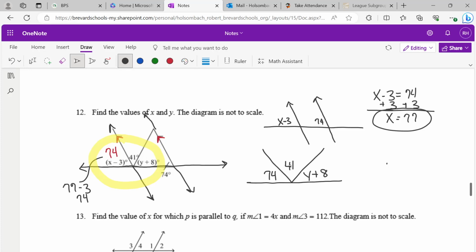What do these three need to sum? 180, because they form a straight line. So we got y plus 8 plus 41 plus 74, that equals 180.